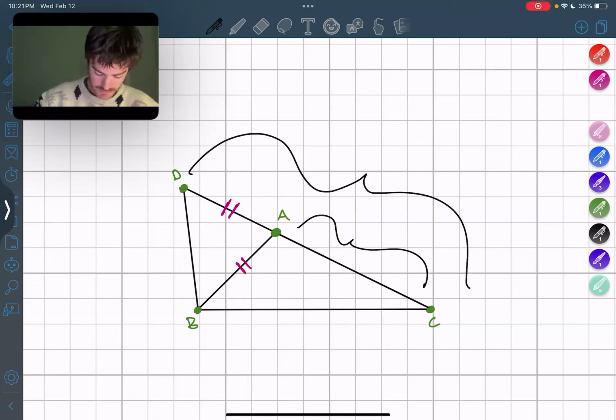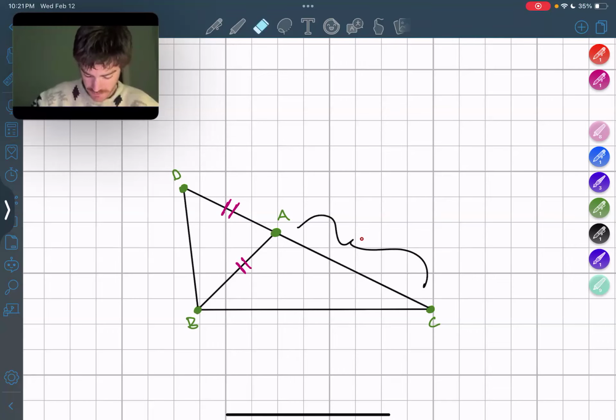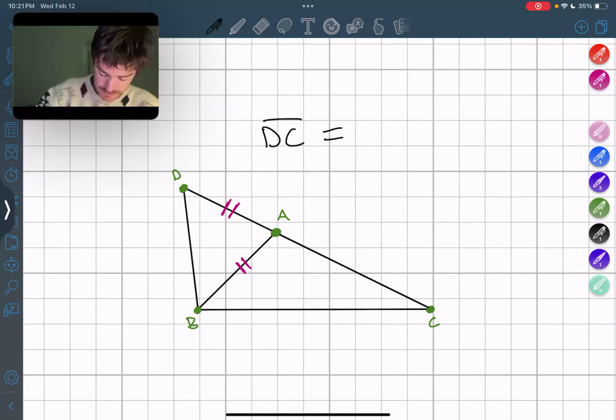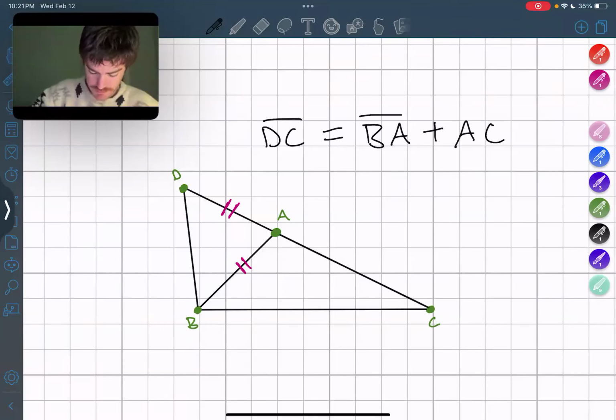So DC is essentially just an extension of AC. So another way to write line DC is to say that line DC is line BA plus line AC.